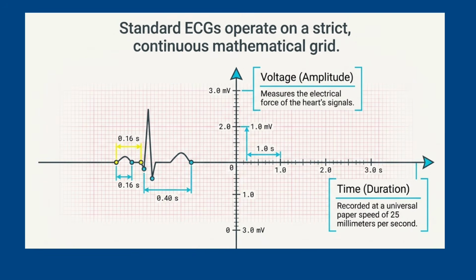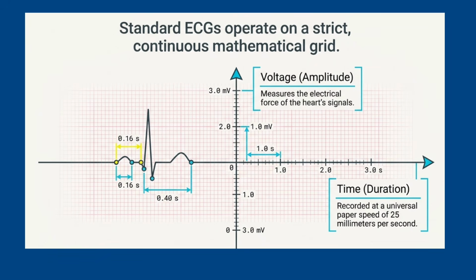The horizontal axis reflects the duration, and as the standard universal paper speed is 25 millimeters per second, this will be helpful for us to know the duration of the waves. And the vertical axis reflects the amplitude, which measures the electrical force of the heart signal. And as we agreed, 1 millivolt will give 10 millimeter deflection.